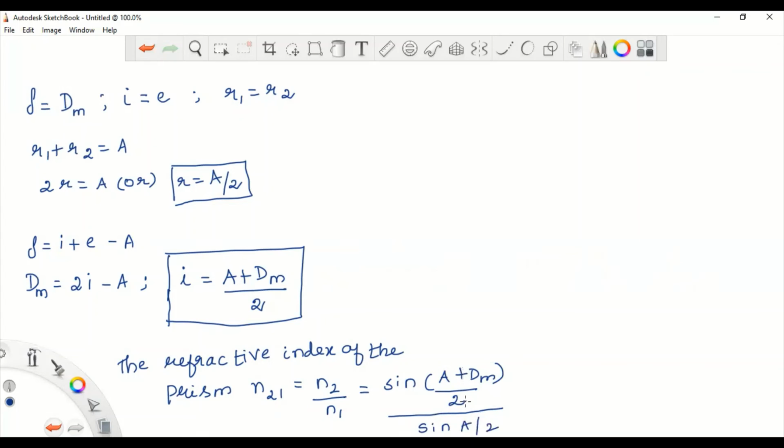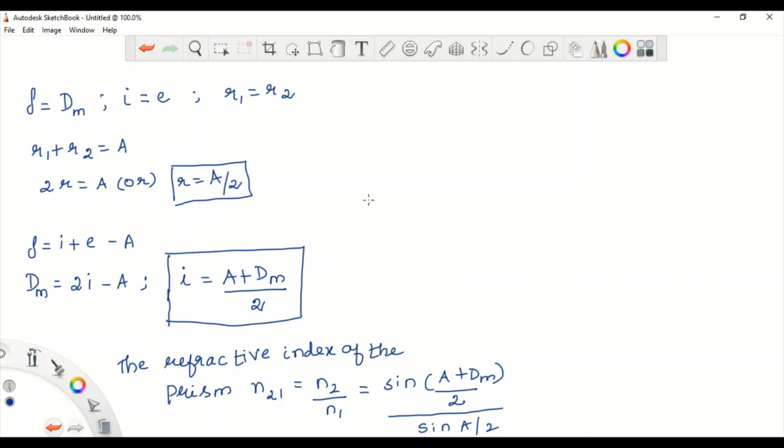What is I? A plus dm by 2. What is R? A by 2. Okay. So these values can be determined experimentally. That is the angles A and dm can be measured experimentally. Okay. So with the help of this formula, we can find what is the refractive index of the given prism.